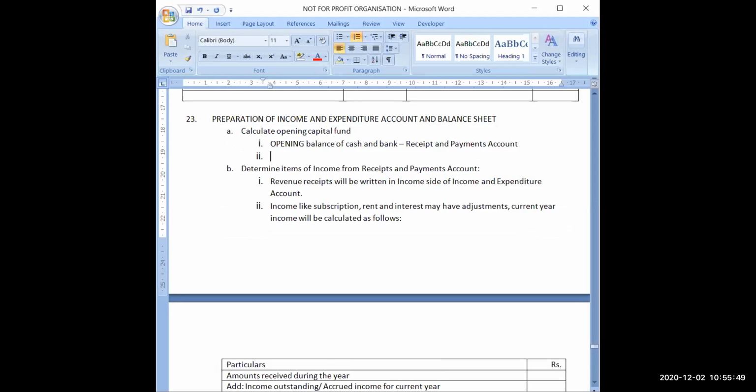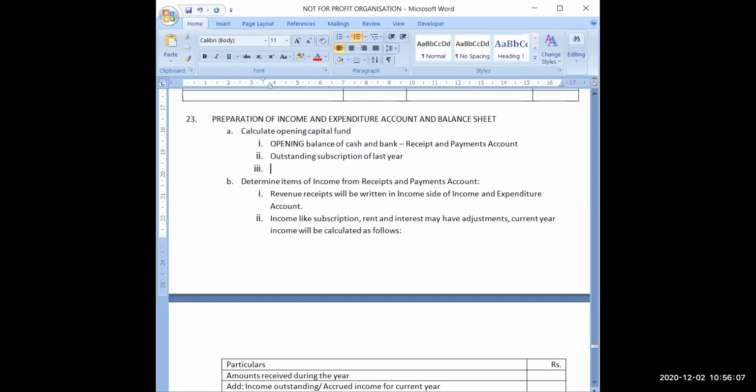Then the second thing you can get in the questions is the outstanding subscription of last year. That will be in the opening balance sheet. Then you may get some advance subscription received last year.